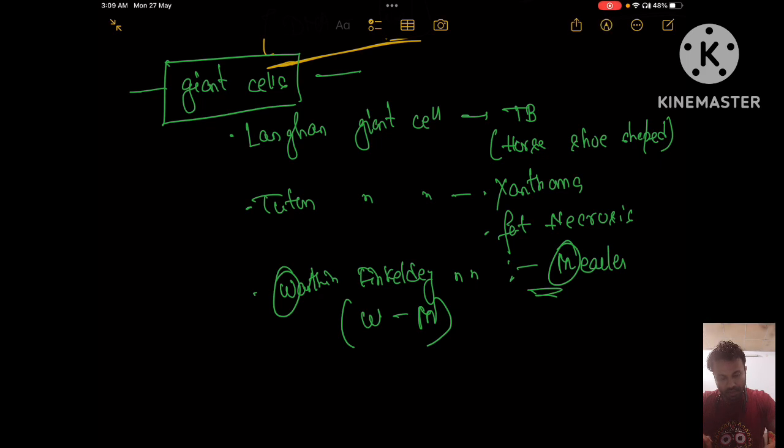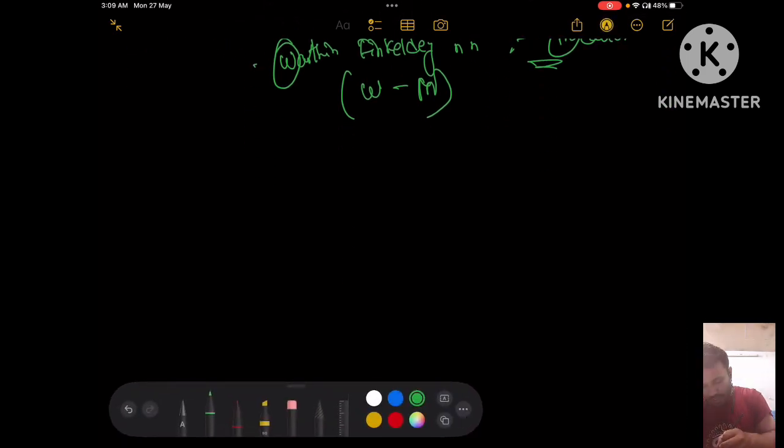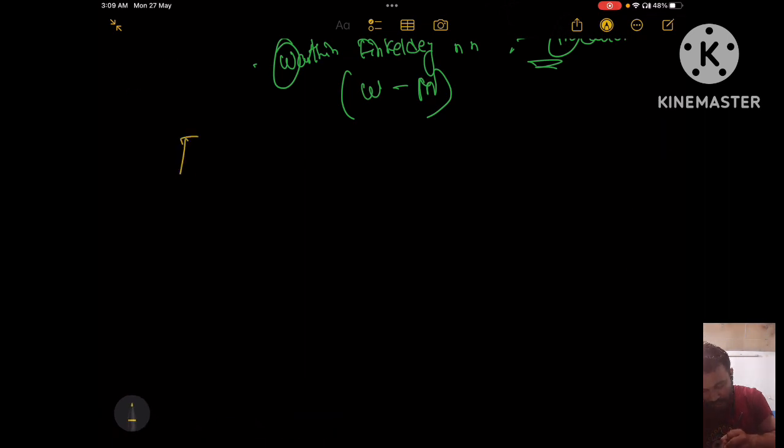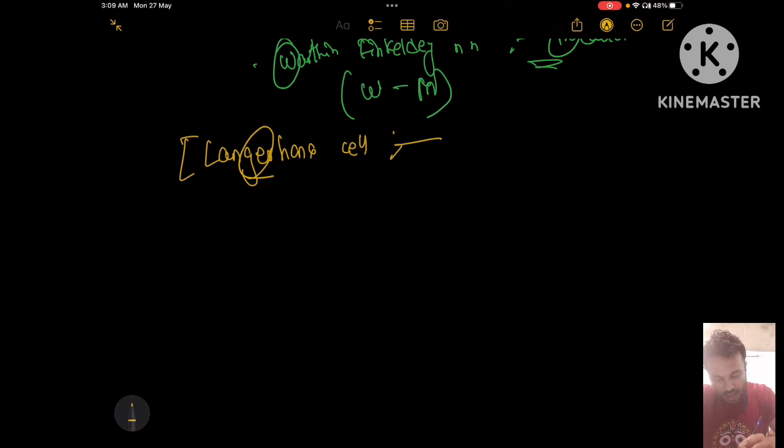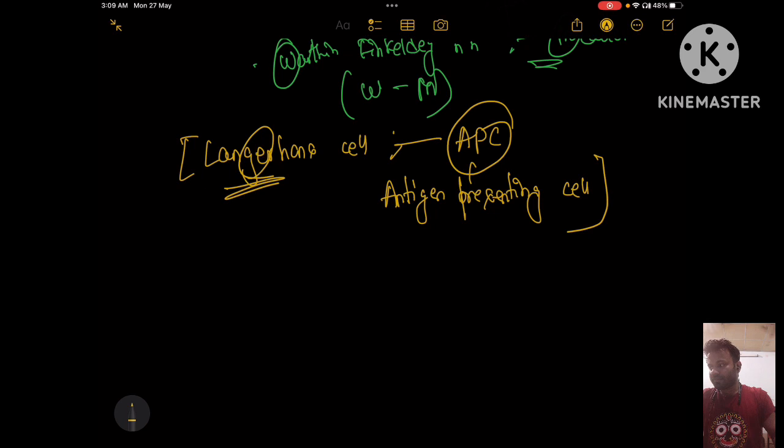Here you should remember one point: Langerhans cell is not a giant cell, it is an antigen presenting cell.